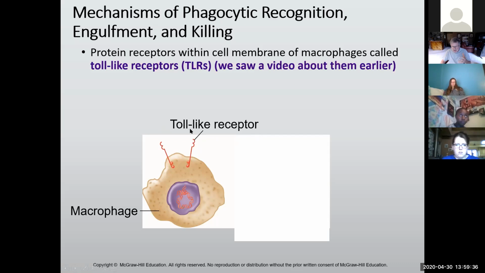It could be part of the cell membrane or cell wall, I should say, of the bacterium. It could be a toxin that the bacterium releases that interacts with this receptor. We call it an antigen, and we'll talk more about antigens in the next chapter, but it's viewed as a foreign substance. So it's really critical that the white cell be able to identify self cells from non-self cells.